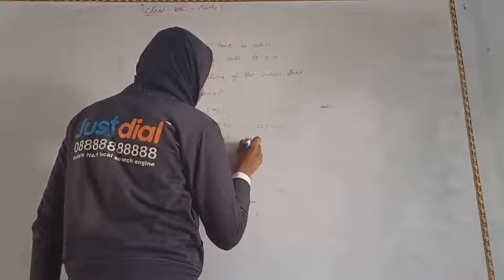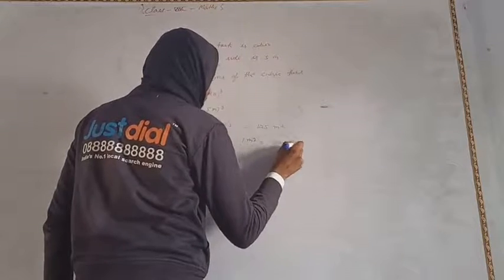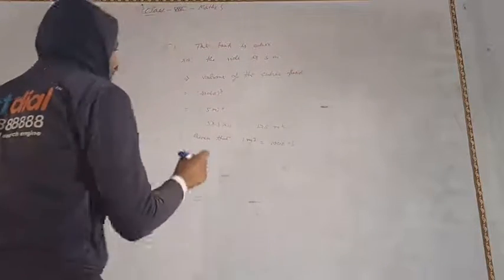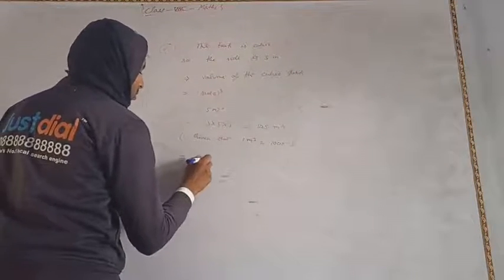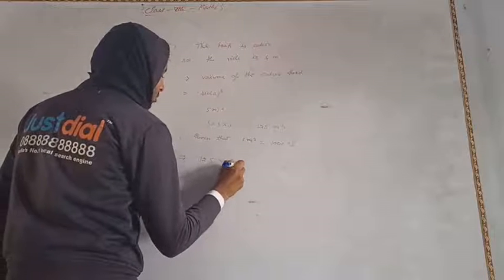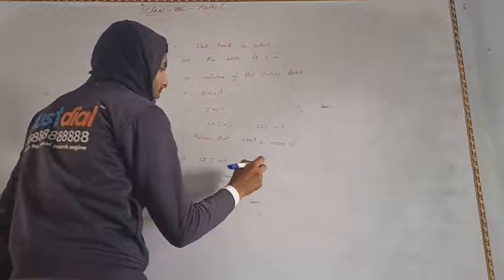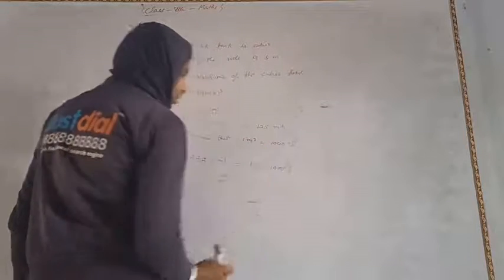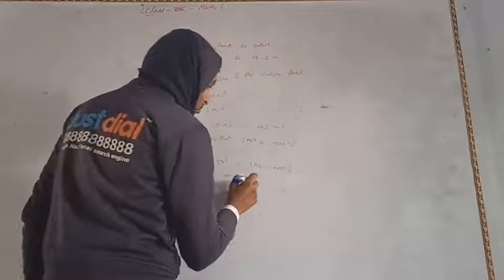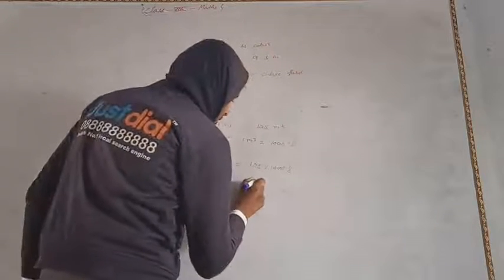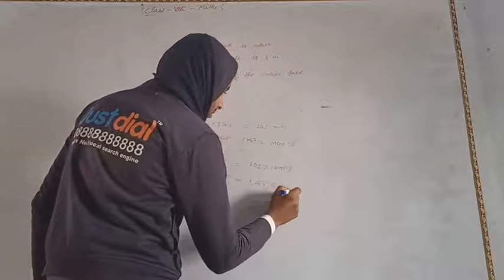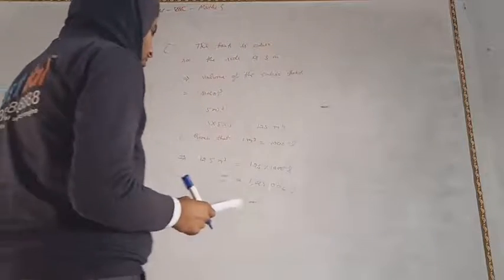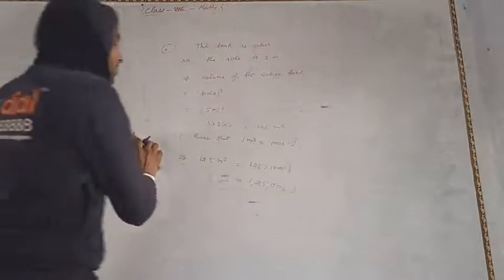So here 125 meter cube is equal to 125 into 1000 liter, is equal to 125,000 liter. Okay, so this is the volume. Again, this is the solution of this problem.